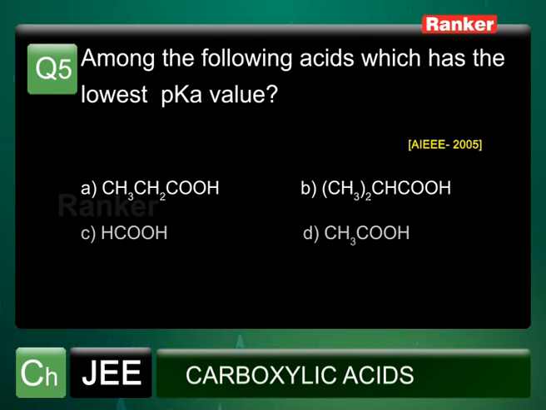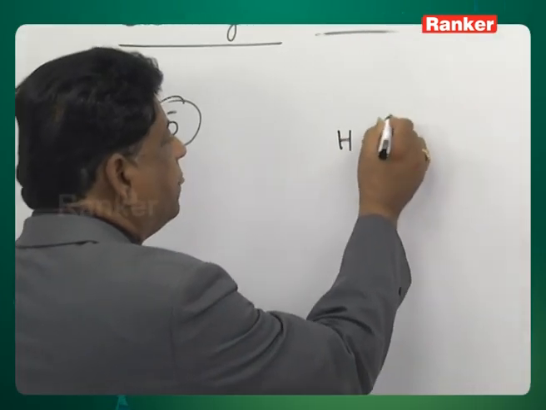So if you see the options, option A is propanoic acid, option B is 2-methyl propanoic acid, option C is only formic acid, option D is acetic acid. So in A, B, D we have some donating groups attached, whereas in option C we have only formic acid, no donating groups.